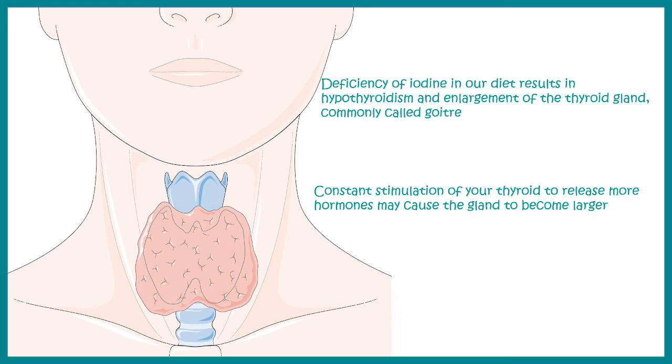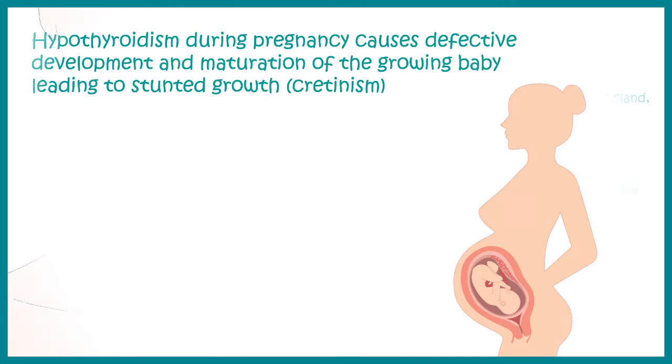Now, in case of hypothyroidism, when thyroid hormones are not adequately produced, there is a continuous need of hormone production, and the pituitary would continuously stimulate the thyroid gland to produce more and more. As a result, the thyroid gland would be slightly bigger than before, and this situation leads to goiter formation.